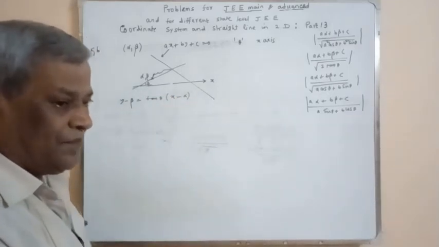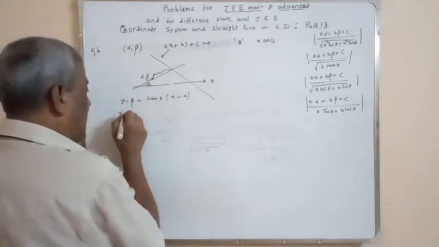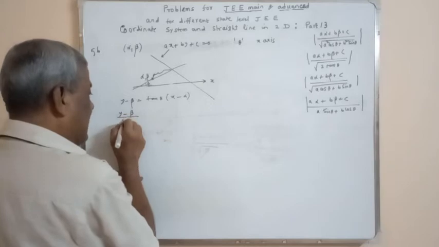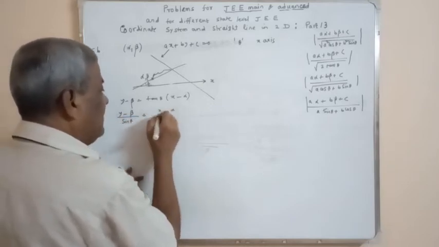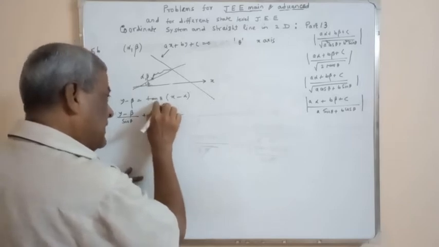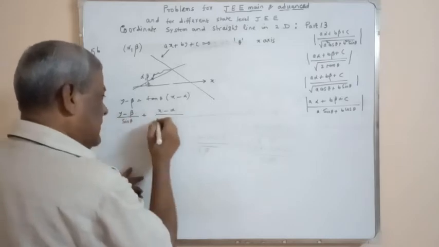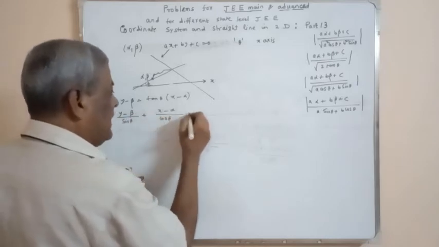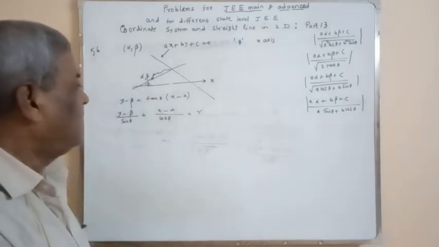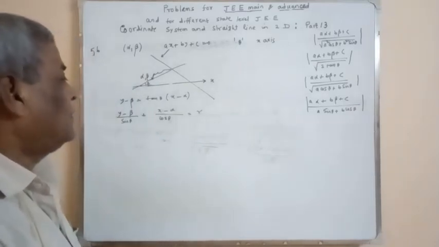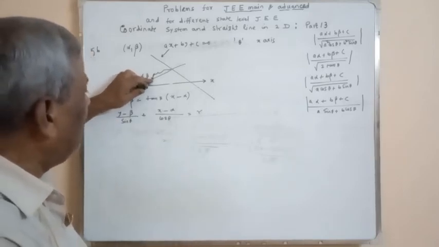Now, to make it parametric form, it is (y minus beta) by sin theta equals (x minus alpha) by cos theta equals r, say. It is now in symmetric form. Therefore, r would represent a distance from that point (alpha, beta).